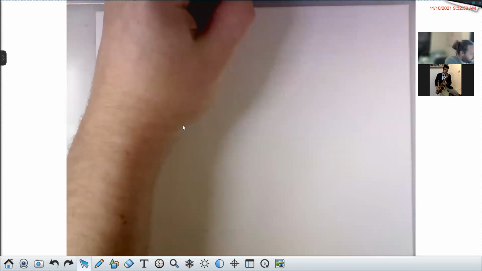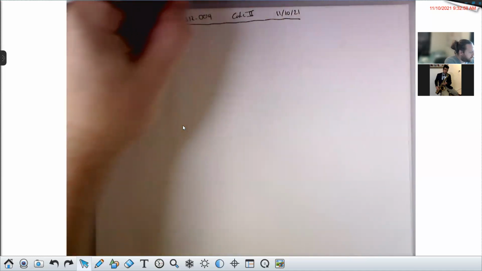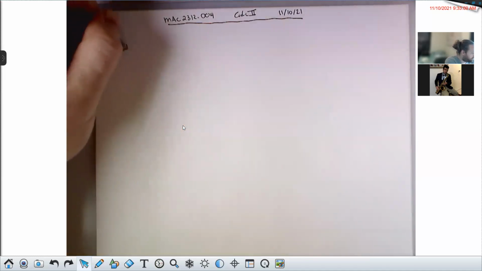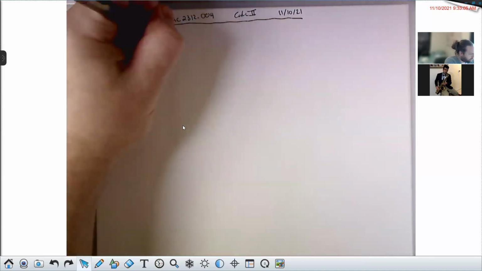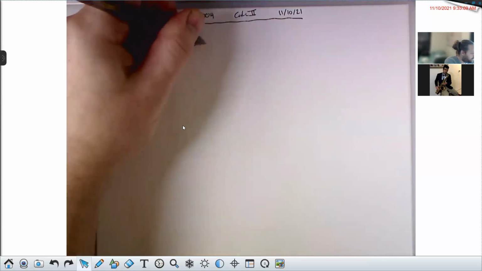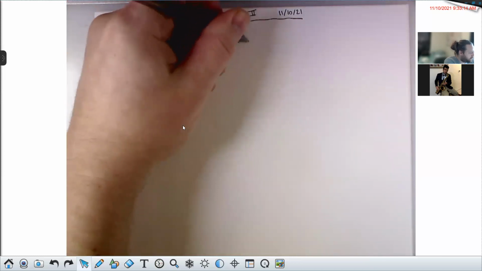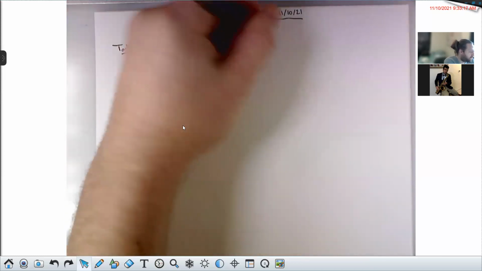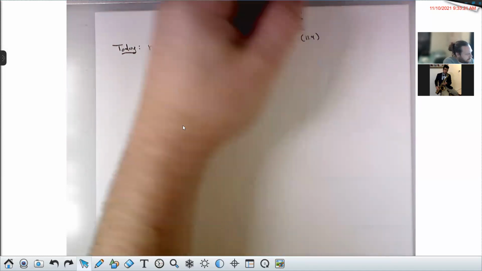So this is MAC2312, section 004, which is Calc 2. Today is the 10th of November, 2021. And today we are going to do more representing functions as power series, which is section 11.9.